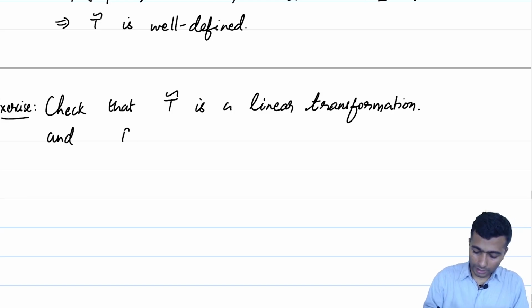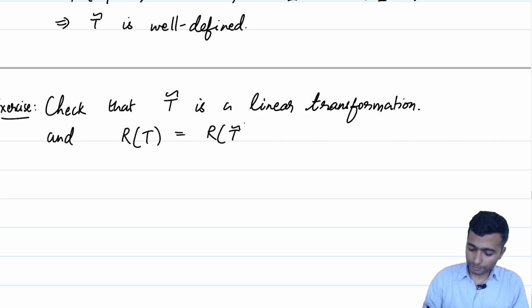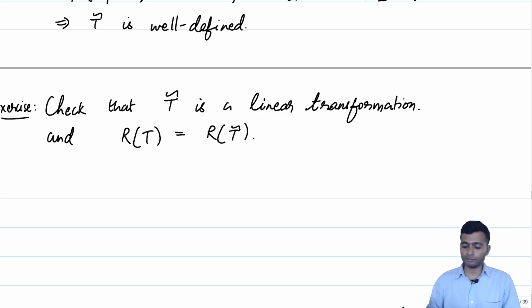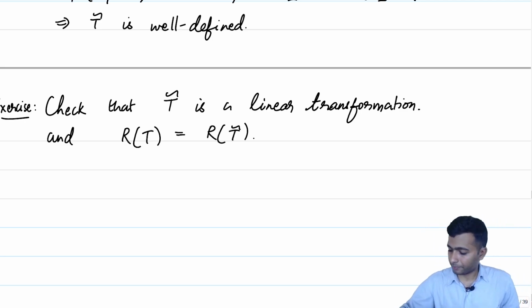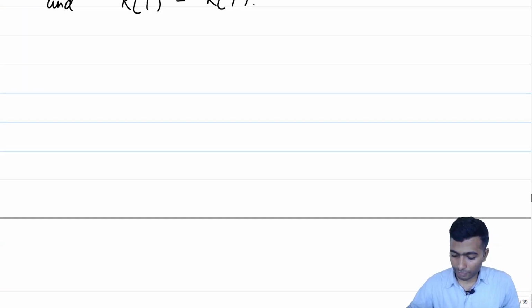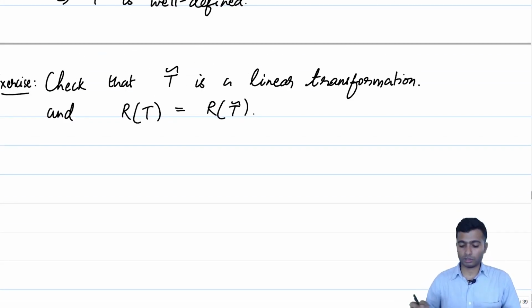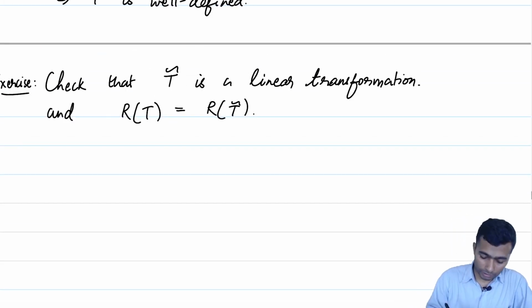Also check that the range of T is equal to the range of T tilde. Okay, so why are we going to such lengths to discuss T tilde? The reason is the following proposition.